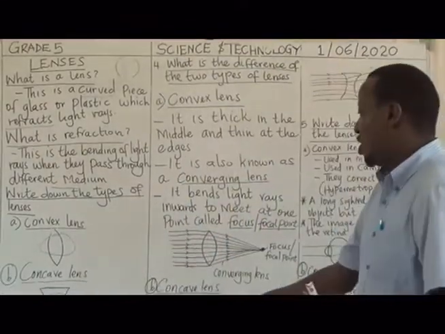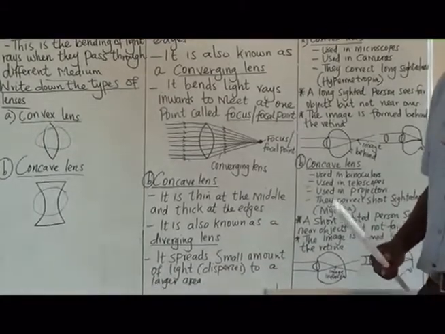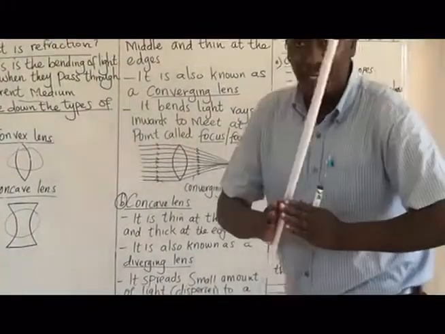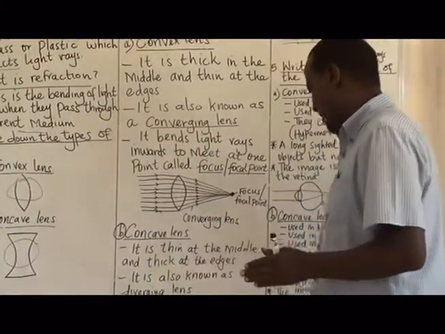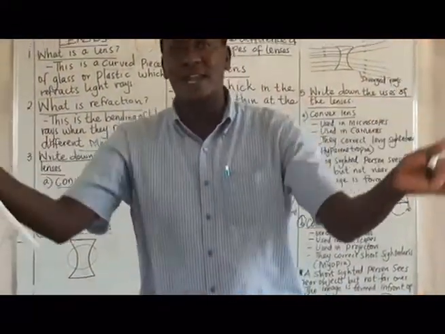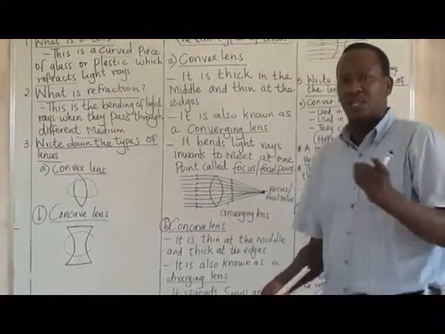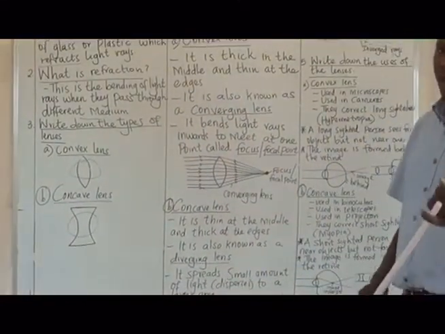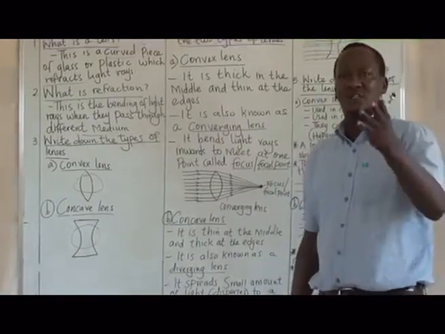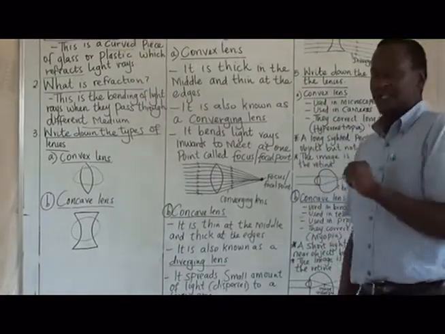But a concave lens is also known as a diverging lens, from the word diverge. Diverge means to spread, or disperse, spreading things into a wider area. So the second difference is that a convex lens is a converging lens, while a concave lens is a diverging lens.